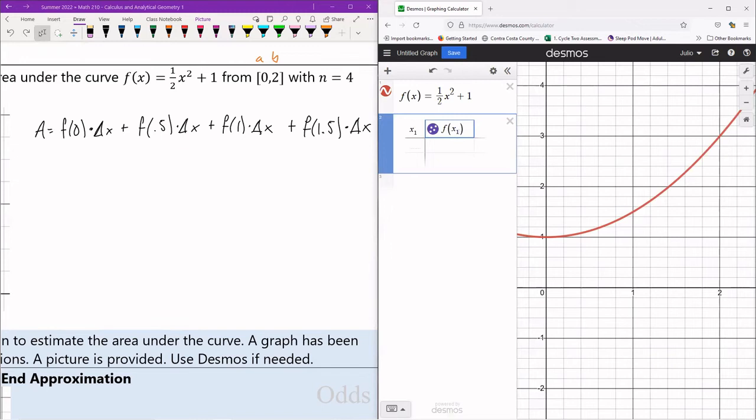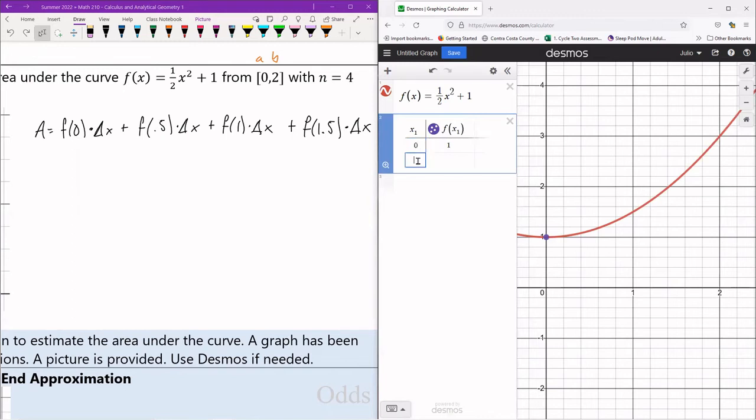So what this is going to do is if I put something in the left-hand side of this table, it'll pop out the function value on the right-hand side of the table. Does that make sense? And it'll put a point down on the graph to show you what you're actually computing. So I'm going to put in f of x0. So that means 0 is in for my x. It's going to give me 1. That's cool. Okay.